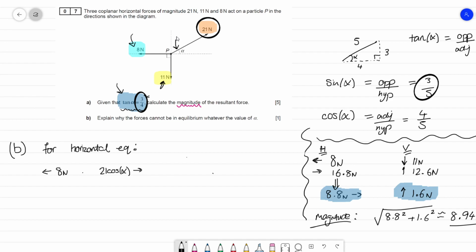If they're equal, I can work out what angle I'd need for that.